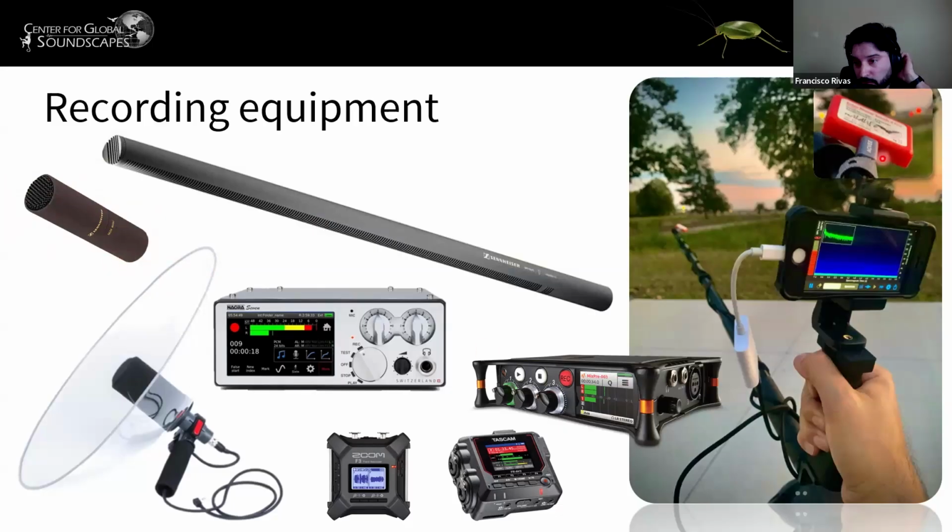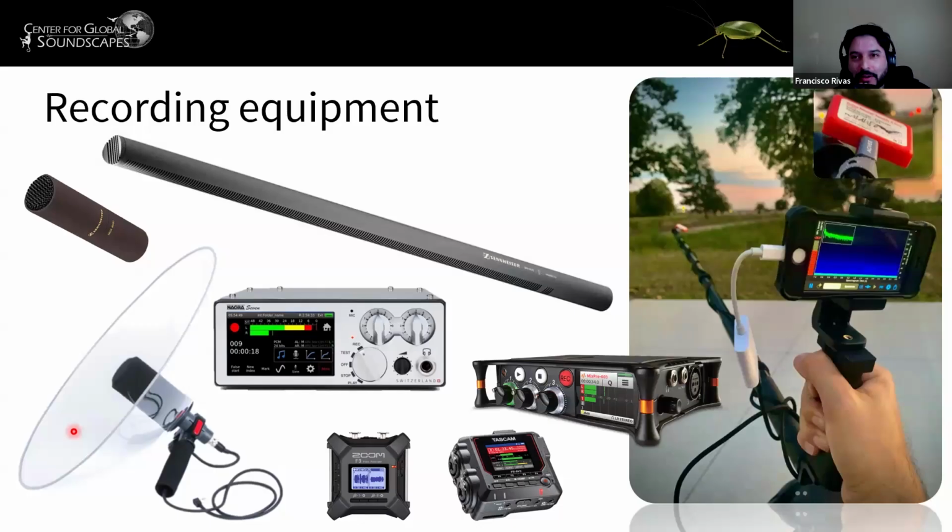We also use these bat detectors, especially for those insects that stridulate at very high frequencies, ultrasonic frequencies. And I also was advised against using parabolic reflectors. But I'm here to discuss, and we can talk about this later with the experts.